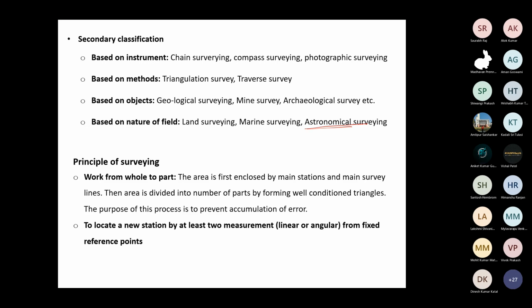Now tell me, if you learn this principle of surveying, can you tell me what is work from whole to part? Let me explain. Otherwise, you can help me out. Please explain. Work from whole to part. You have covered it, na? Sir, we divide the whole area in small parts so that we can minimize error.